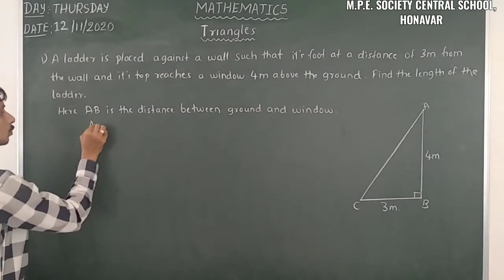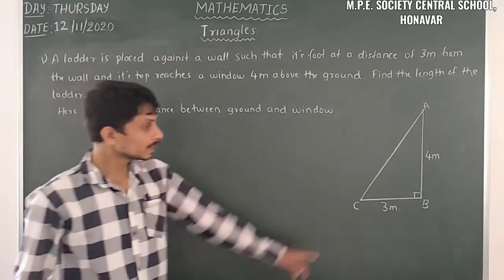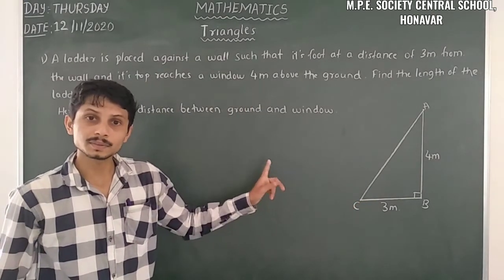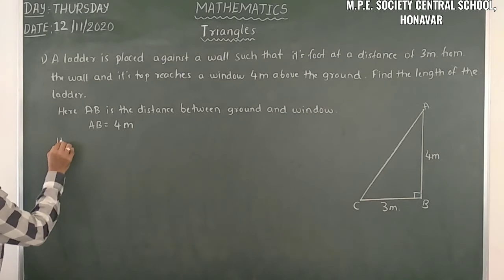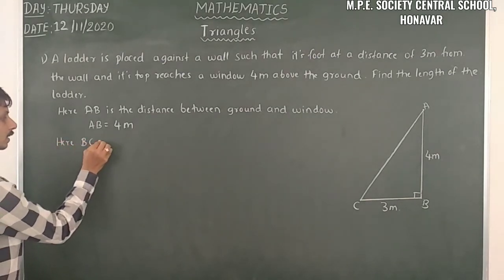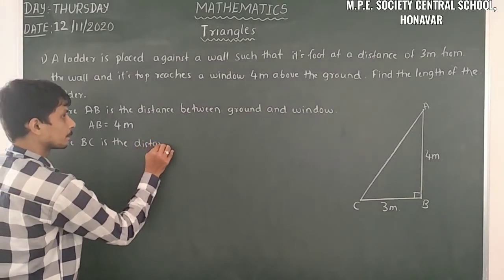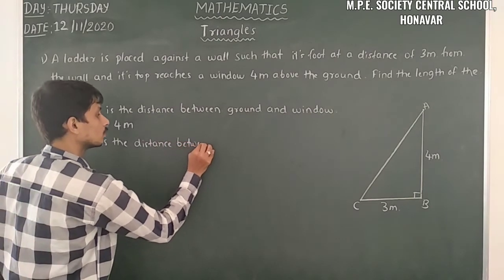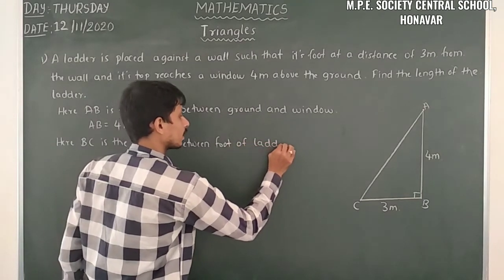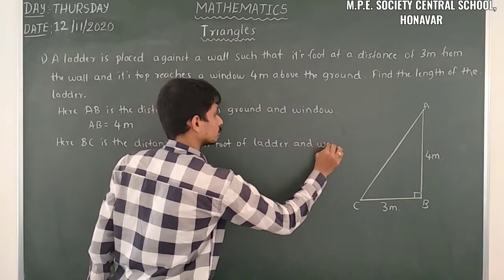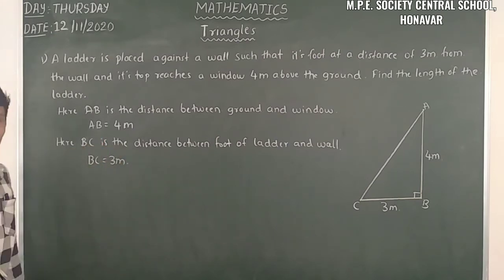So AB is equal to 4 meters. Then BC is the distance between the foot of the ladder and the wall, and BC is equal to 3 meters.